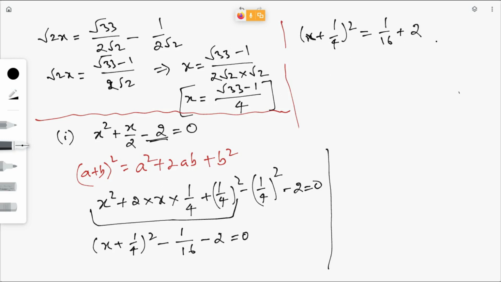Okay, so if you add these two, what you will get? 16 as it is, 33 by 16, yes or no? If you add these two, you will get 33 by 16.